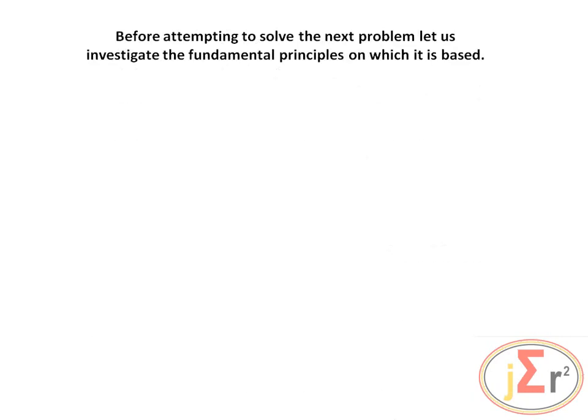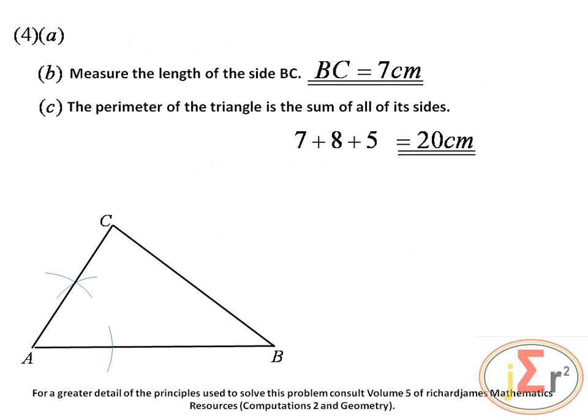Before attempting to solve the next problem, let us investigate the fundamental principles on which it is based. And what is the next problem? We are next required to draw the line CD, which is perpendicular to AB and meets AB at D. So we need to draw a line all the way here, but it must be perpendicular to the line AB.